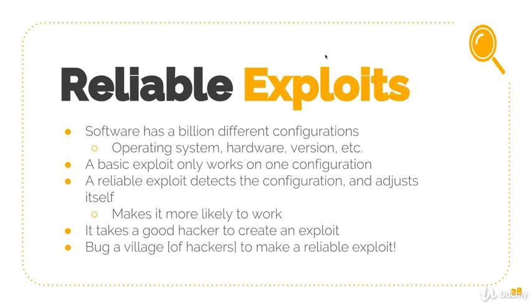A reliable exploit, on the other hand, first detects the configuration, then adjusts the payload to work on the new configuration. And that's why a reliable exploit is much more likely to work, and that's why it's also much harder to make. It takes a real good hacker to create an exploit, but it takes a village of hackers to make a reliable exploit, and that's why they cost a ton more.